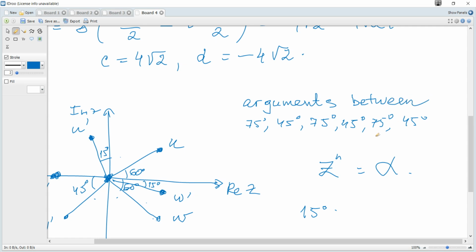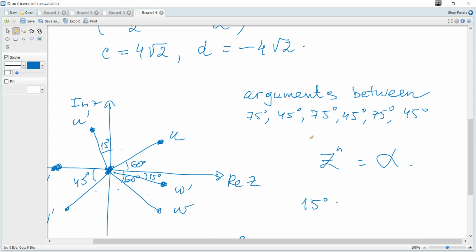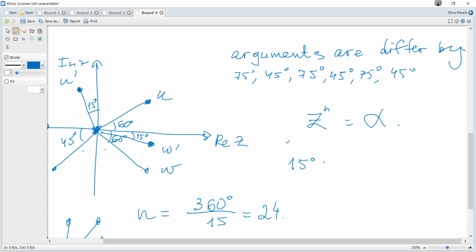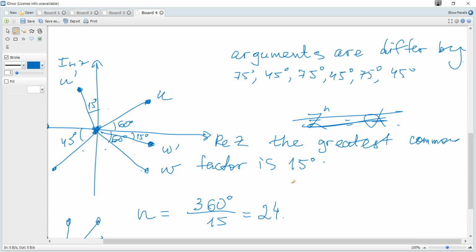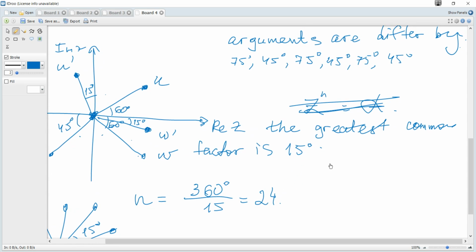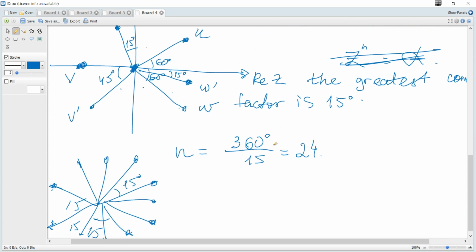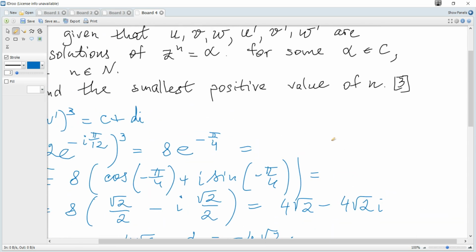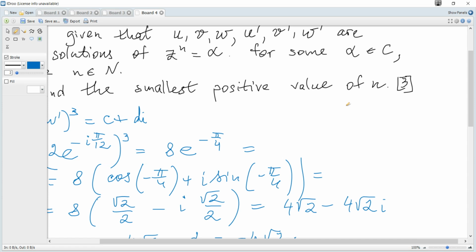We can say that the arguments differ by multiples of the greatest common factor, which is 15 degrees, and then n is 360 degrees over 15, which is 24, and this will be enough to find the smallest positive value of n.